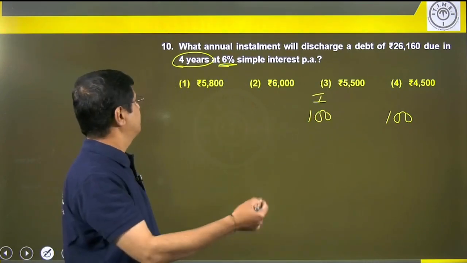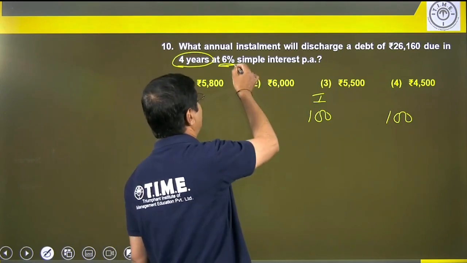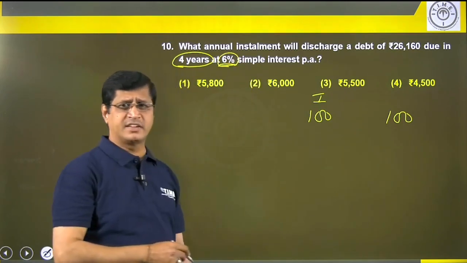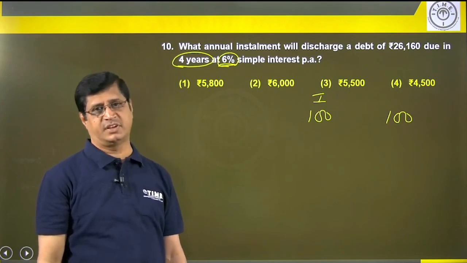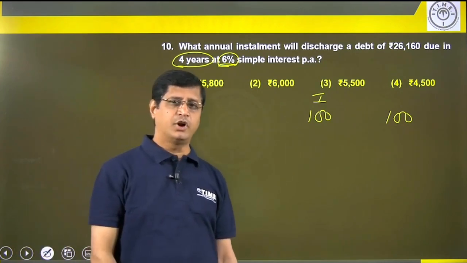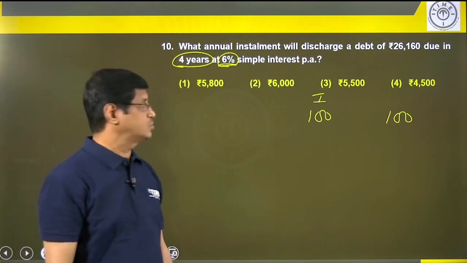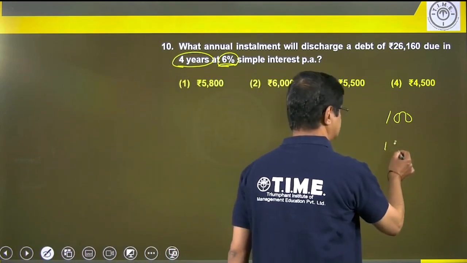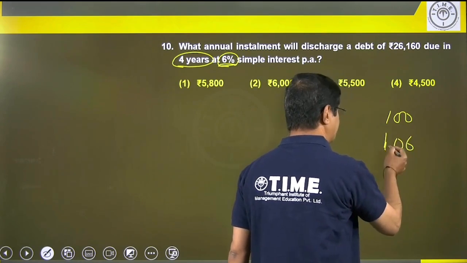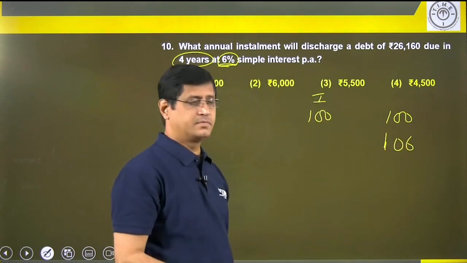Now second installment after 1 year is paying means after 1 year under simple interest he charges 6%. So 6% of 100 rupees means 6 rupees is the interest. 100 plus 6, 106. The value of 100 will become 106. Okay.